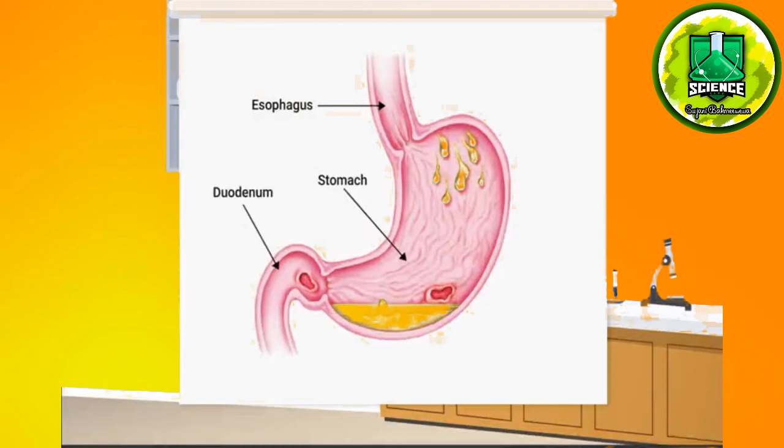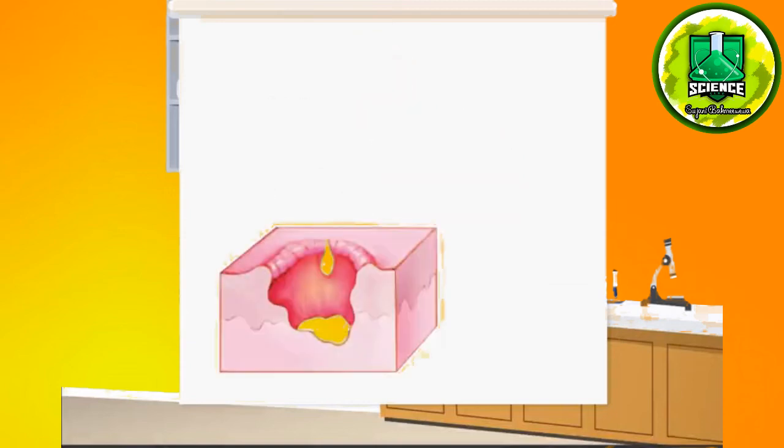Inflammation of the inner lining of the mucosa of the stomach is known as gastritis. It is a common disease among people. The symptoms are regurgitation of acid to the mouth and a burning feeling of pain in the stomach. When the condition becomes worse, ulcers appear in the stomach and duodenal wall.